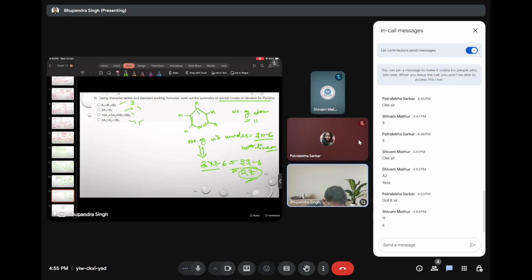Right? Or else you can do the reducible representation and then try to find it out.